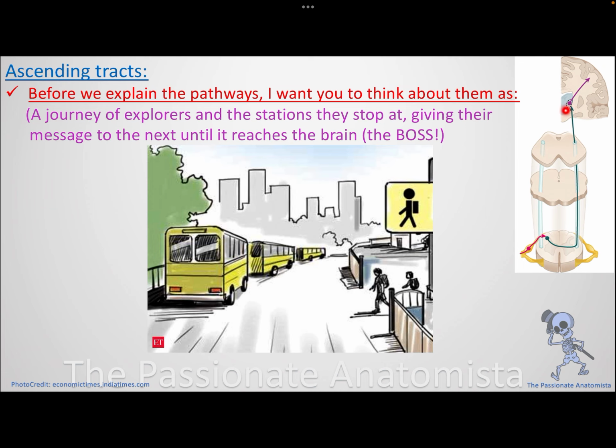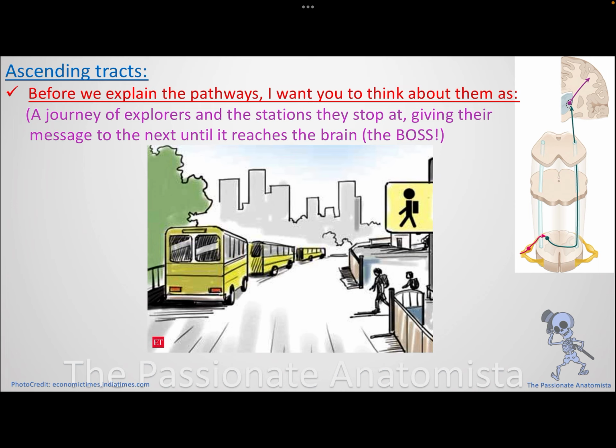But for now, in our ascending tracts, we only need one group of nuclei in the thalamus, which is what we call the VPL, the ventral posterolateral nucleus of the thalamus. We have ventral nuclei, we have dorsal nuclei, we have medial, we have lateral.